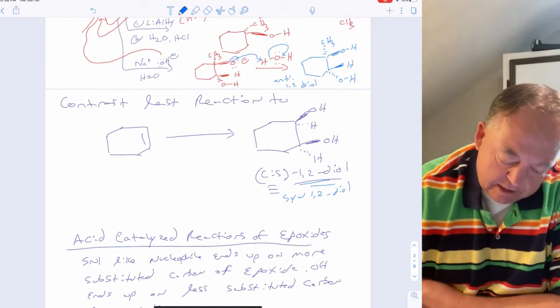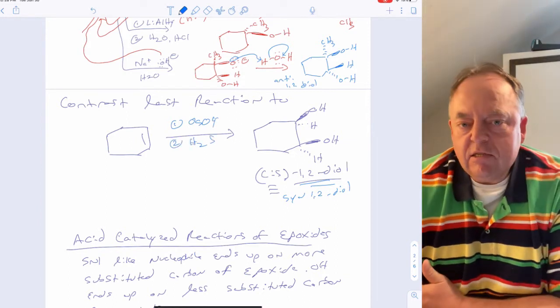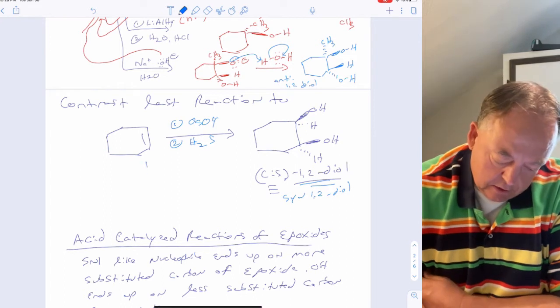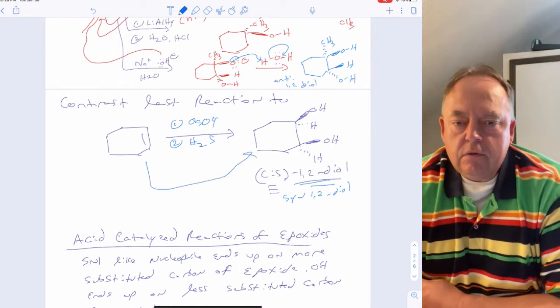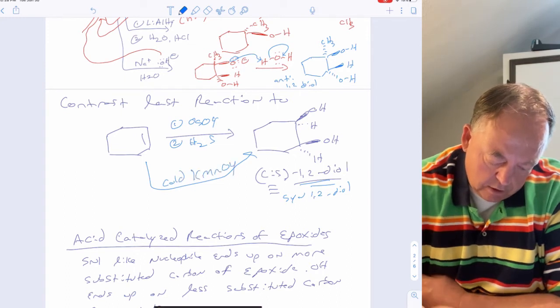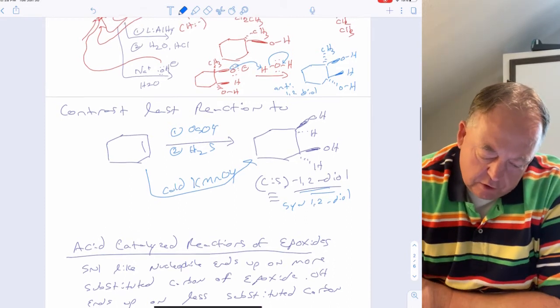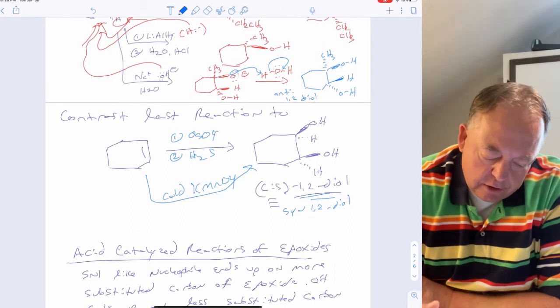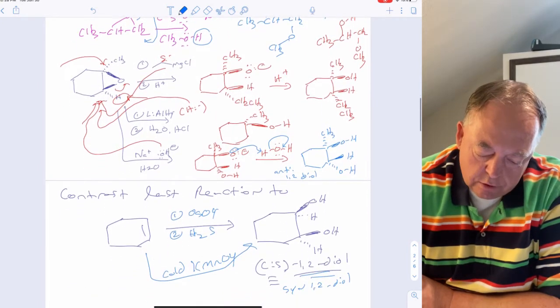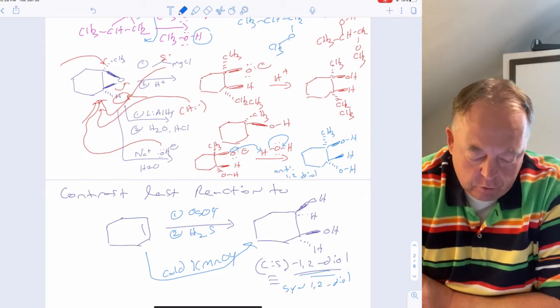If you remember the reagents that do that, you could do that with osmium tetroxide and H2S, or if you remember the other reagent that will do that, you could use cold potassium permanganate. Okay, so if you wanted a syn 1,2 diol, then you would oxidize an alkene with one of those two reagents. If you wanted a trans 1,2 diol, then one way to get there would be to go through an epoxide that you react with hydroxide.